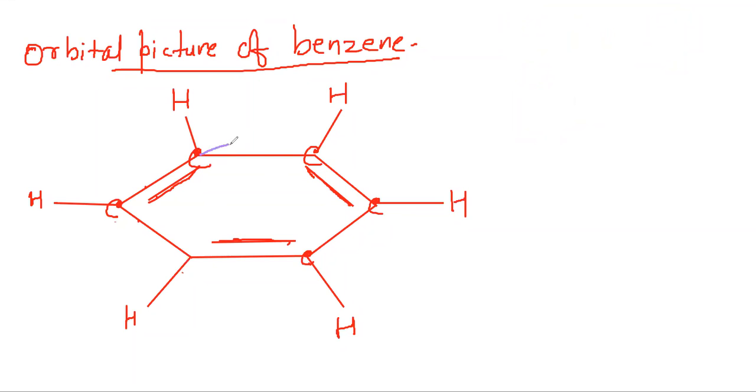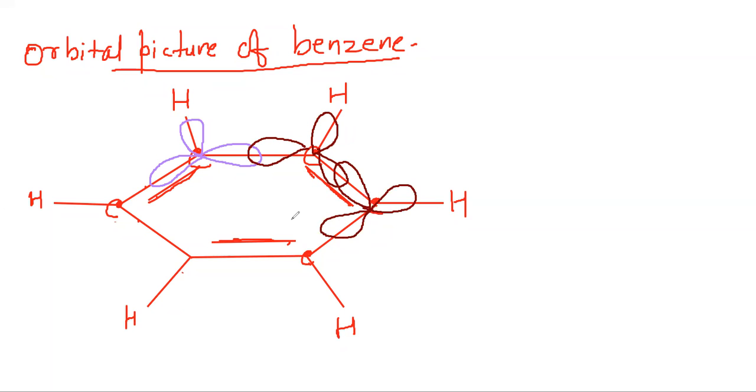Its sp2 orbital overlaps like this. This is triangular planar.